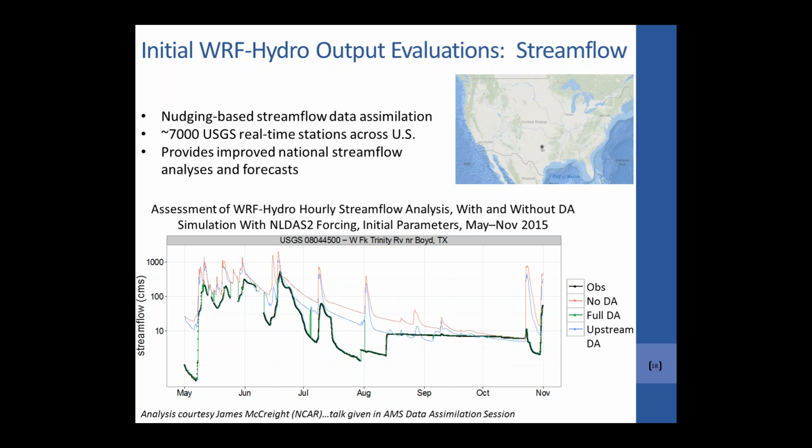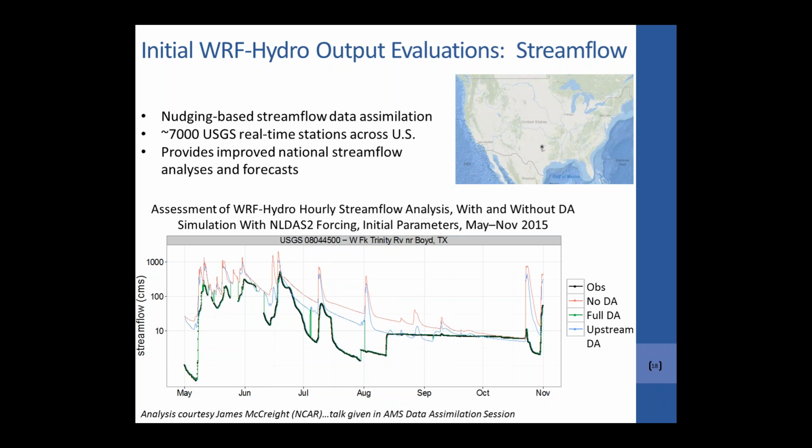If we do a leave-one-out type of data denial experiment, where we assimilate an upstream gauge, but we do not assimilate right at the gauge where we're validating, so in other words, we're trying to gauge the benefit coming downstream from the upstream assimilation. If we do that, we get the middle line there, and basically it's showing that we do continue to see benefit even if we don't assimilate right at our validation point, but instead somewhere around, I believe this is about 30 kilometers upstream.